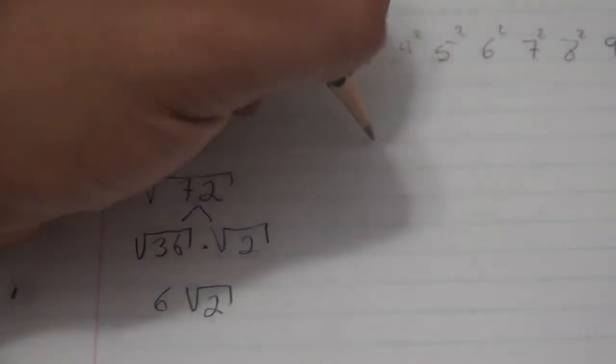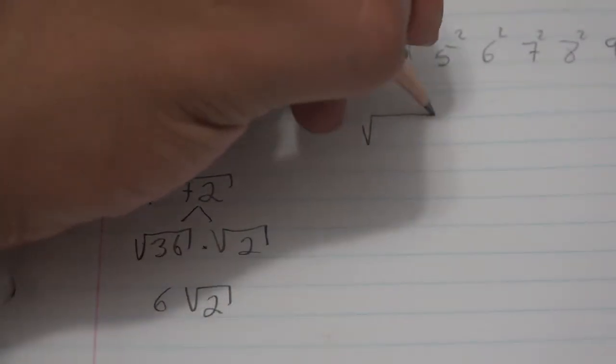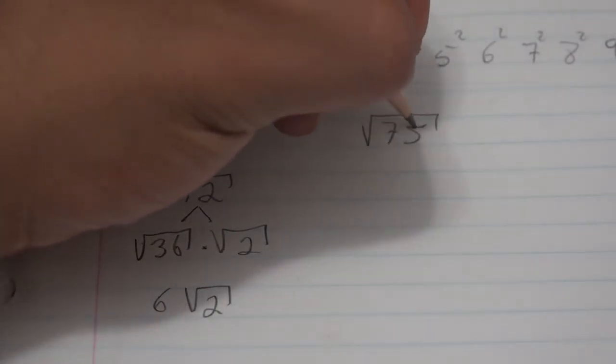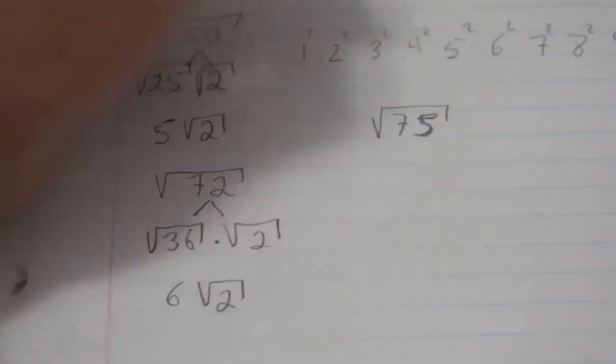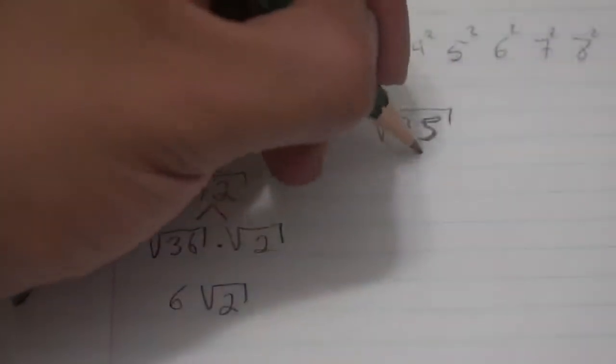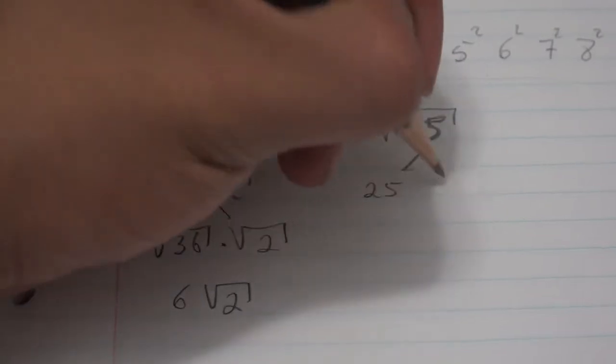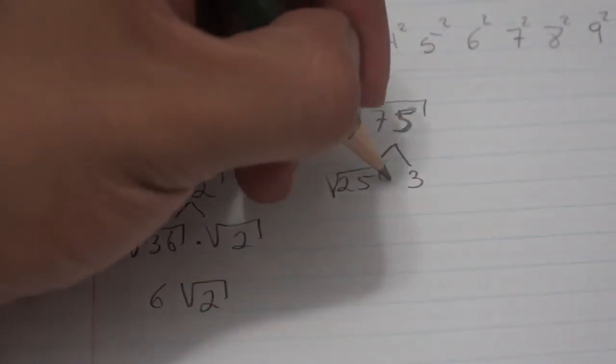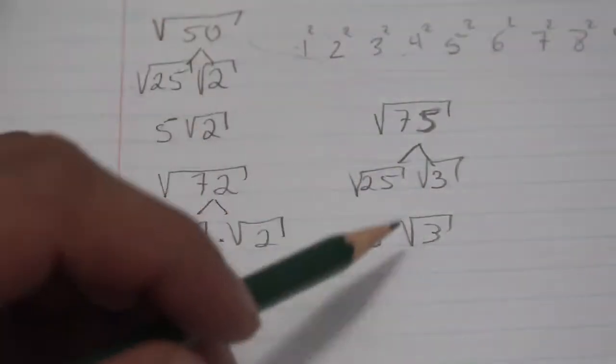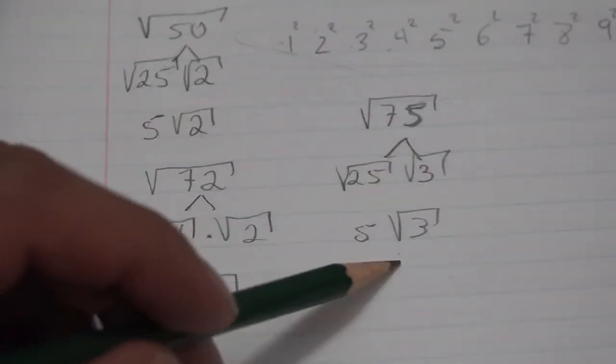Okay, how about radical 75? Well, radical 75 is the same thing as 25 times 3. See that? So radical 25 is 5, and for 3, there is no number that when you square it, you get 3, so it stays like that.